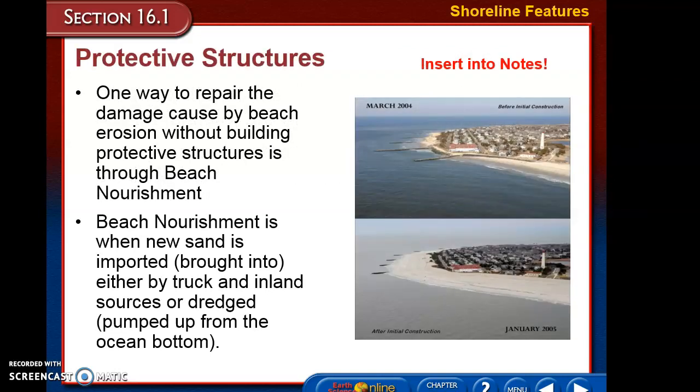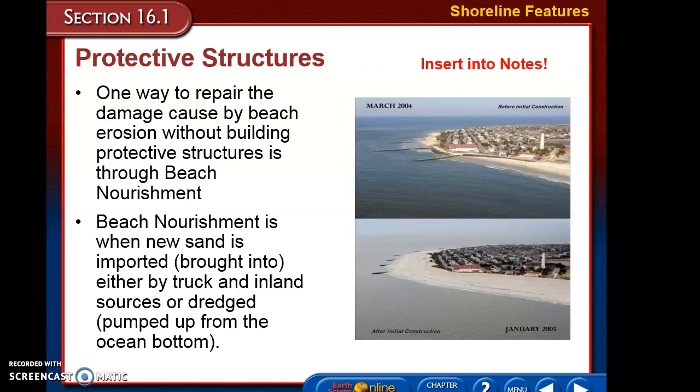If you have areas that are a problem, one of the ways you can fix this is to do something called beach nourishment, and we do this too when we have storms. My husband was up around Curry Beach after we had some major storms, and he said it was completely different than anything he's ever seen. Half the sand was gone.